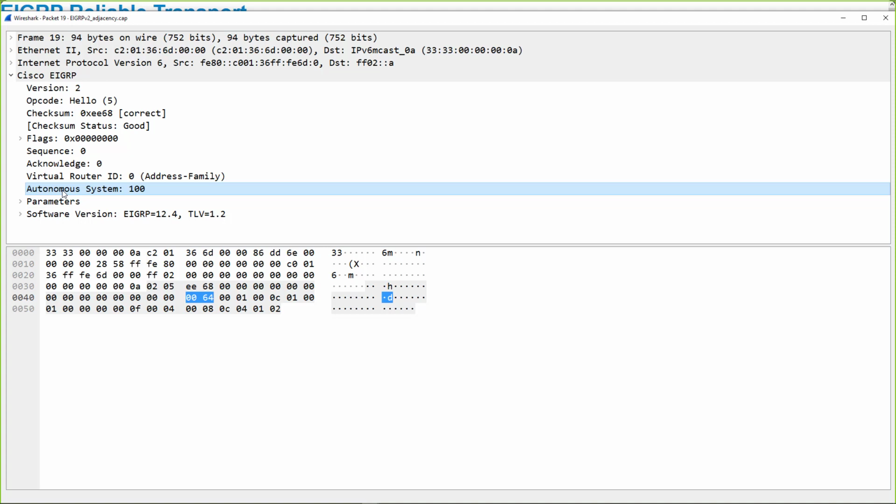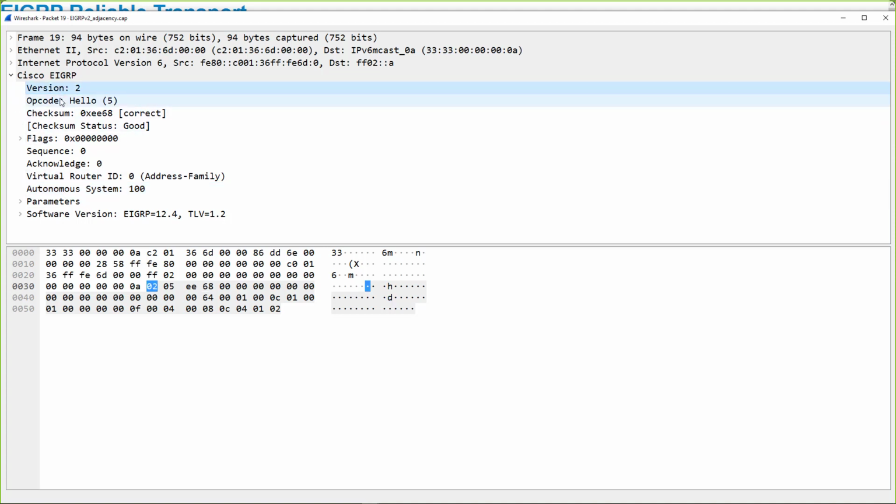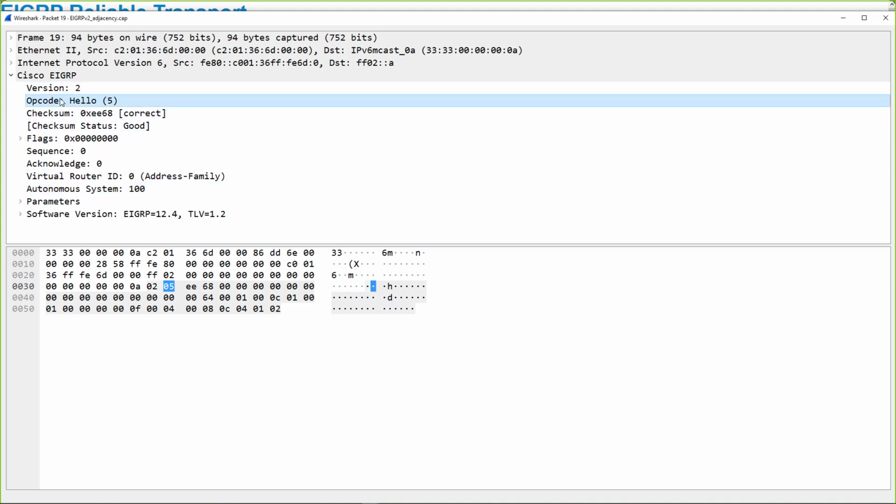And we can actually see the packet header fields here. There's a version field. There's an opcode, which tells us, is this a hello packet? Is this an update? Is this a query? Is this a reply? Is this an acknowledgement? So this opcode will tell us what kind of packet type is being sent in EIGRP.